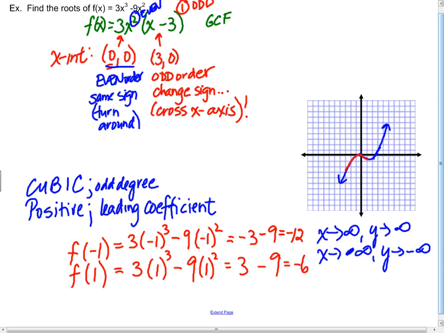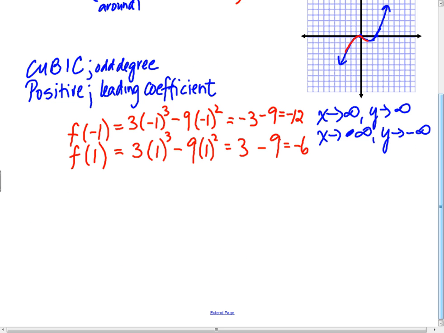To the right, and we'll look on either side of the 3, let's look at f of 1, which we already knew was negative, and f of 4, which is on the other side of the 3, and see what we get. Put a 4 into the equation.